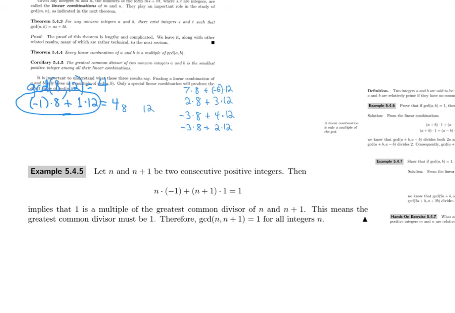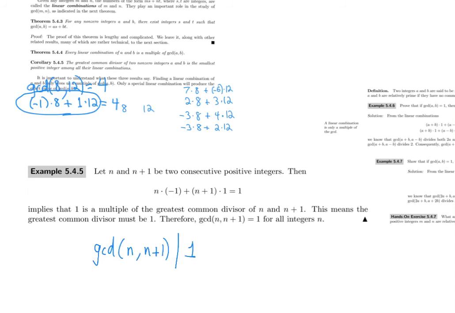And we know that every linear combination of n and n plus 1 will be a multiple of the GCD of n and n plus 1. So that's saying that 1 is a multiple of the GCD of n and n plus 1. In other words, the GCD of n and n plus 1 divides 1.